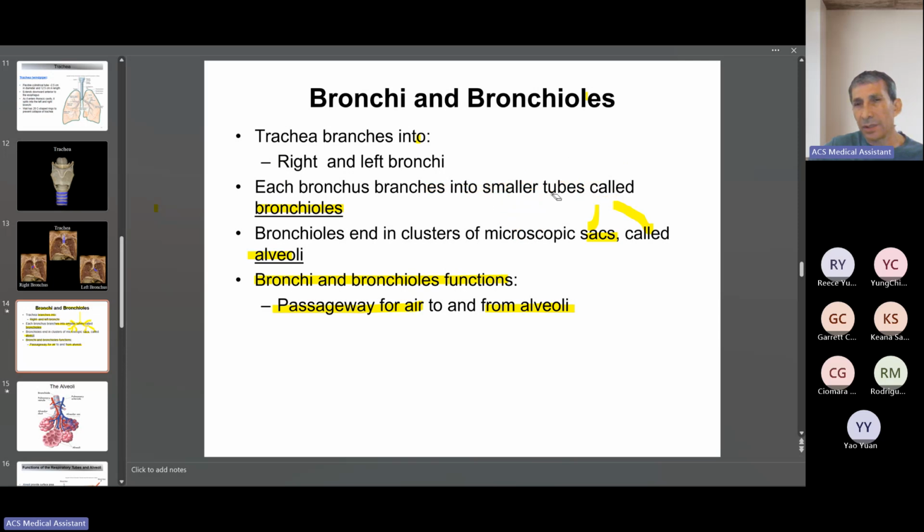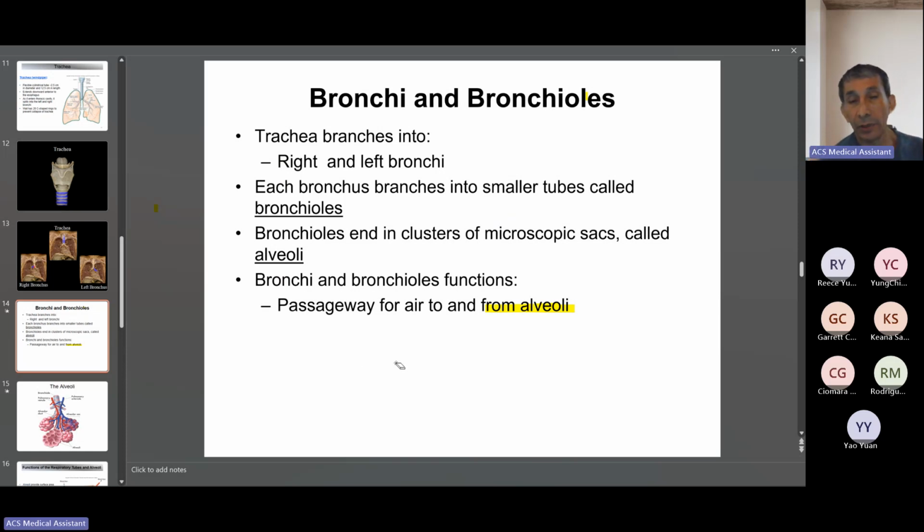So all these tubes from the nose, the pharynx, the larynx, the trachea, the bronchi, or the right bronchus, the left bronchus, and the bronchioles, all of them are passageway tubes, pipes that transport air from the outside to the inside of the lungs and from the inside of the lungs to the outside.